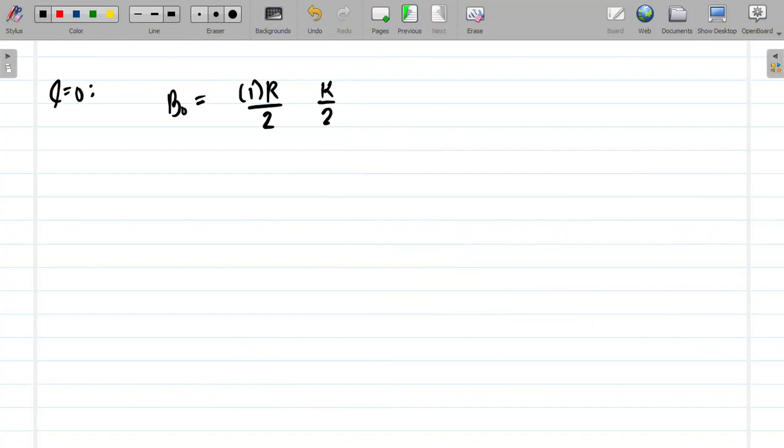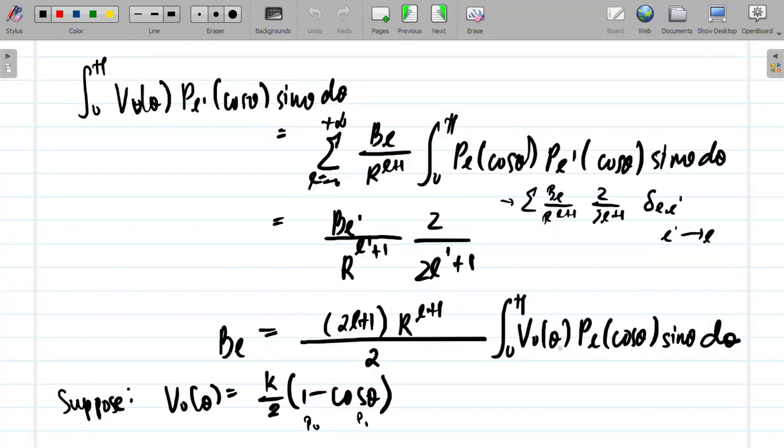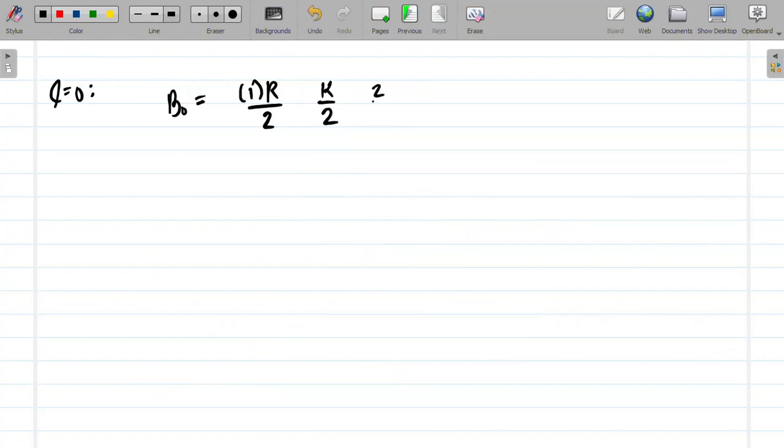So, may K over 2 ako dito. P naught. So, 0 lang yung magsusurvive. So, P0, P0. Bale, 2 over 1. So, this is equal to KR over 2.